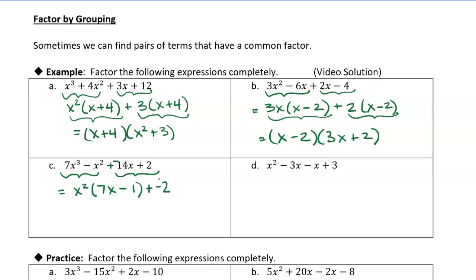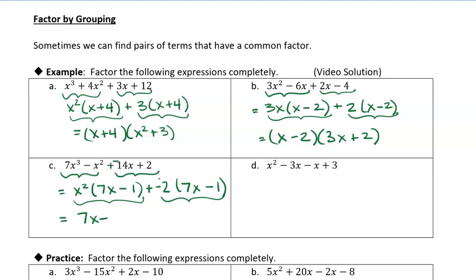Right? Because sometimes I like to have the first term be positive. All right, so I'm going to factor out a negative 2. And then what I'm left with is 7x minus 1 again. All right. Now you can see why I chose to factor out a negative 2, because now I have two terms and they both have a common factor of 7x minus 1, which I can now factor out.